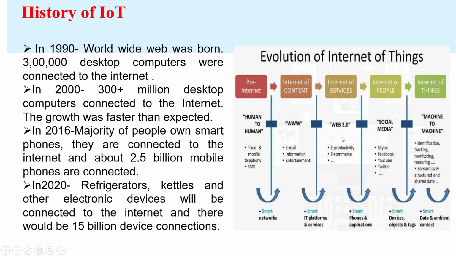Next, Web 2.0. Now, actually, Web 3.0 has also come into the real world, but in this PPT it is not included. The current technology which we are using comes under Web 3.0. And in Web 2.0, you can see e-commerce, e-productivity and all, right?